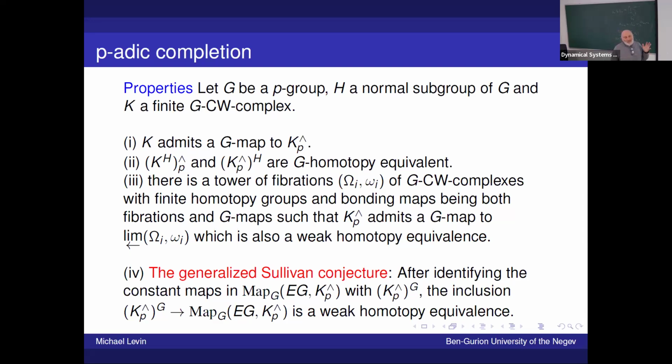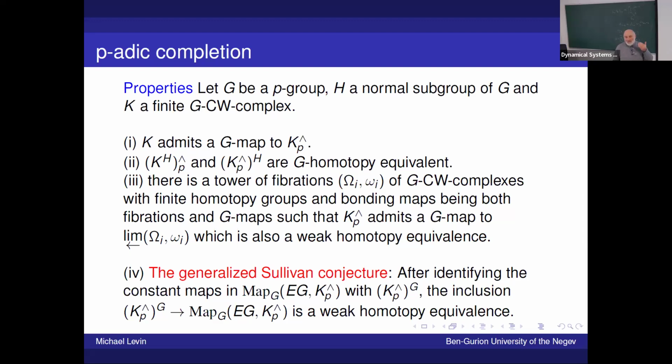In Bousfield and Kan, they are not talking about the equivariant version of the construction, but the construction is functorial. If we have an action of a group on a CW complex, it will induce the corresponding action on its p-adic completion.